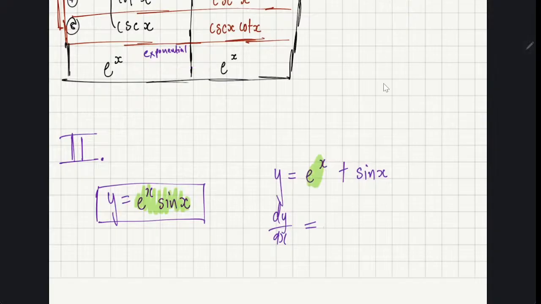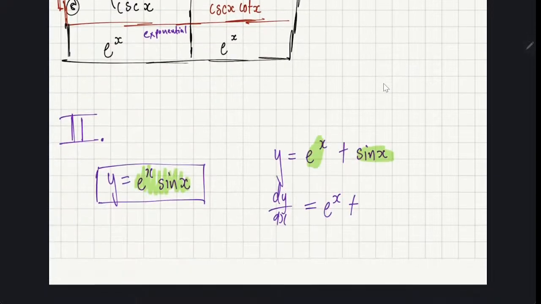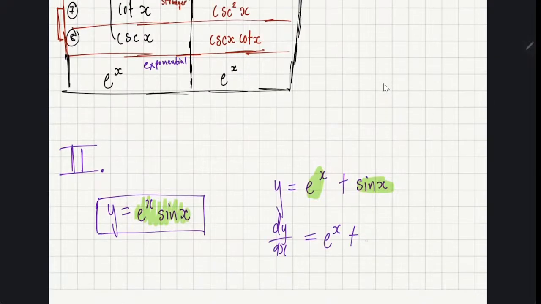Plus, you now differentiate sine x. The derivative of sine is cos. So you just say, it is e to the x plus cos x. So this is the true dy dx. We give you 3 marks.